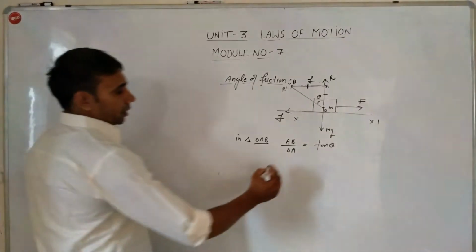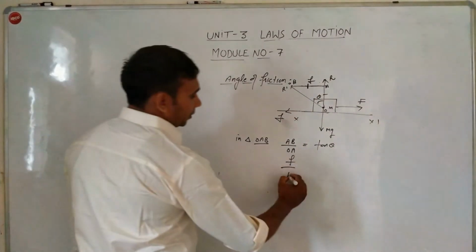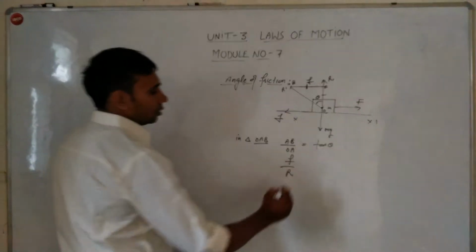AB is equal to frictional force, OA is equal to reaction force, means normal reaction.